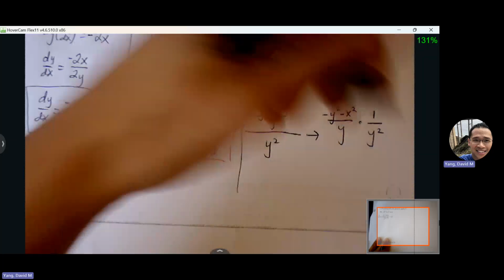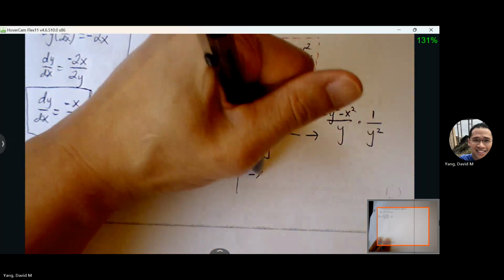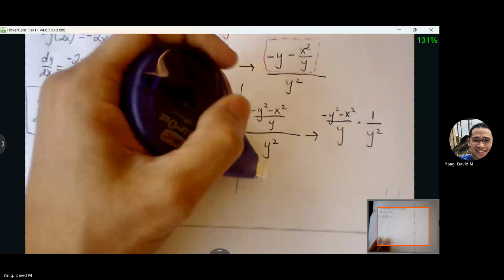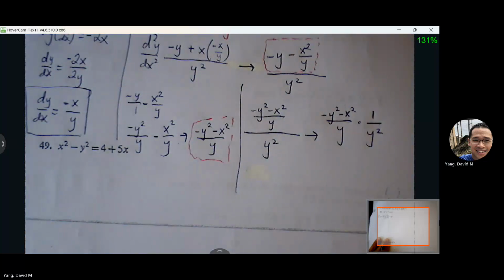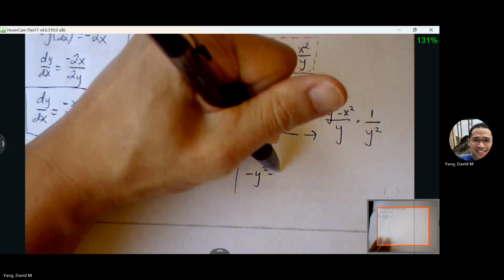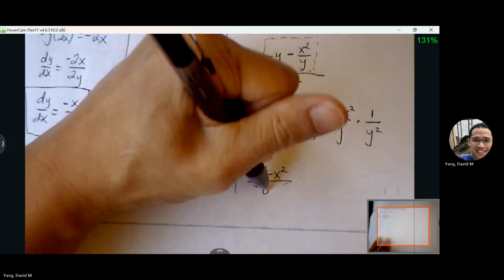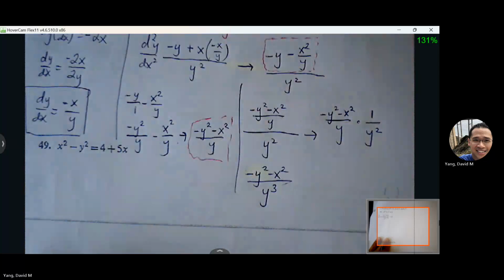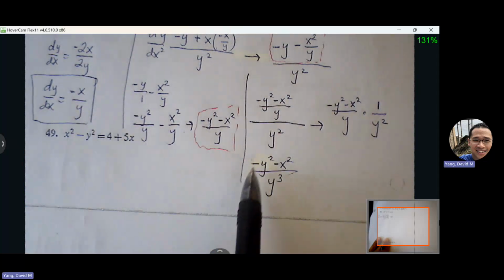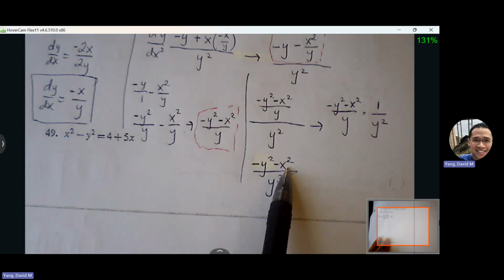So I can multiply the denominators together. Negative. So our second derivative is this -y squared minus x squared all over y cubed.